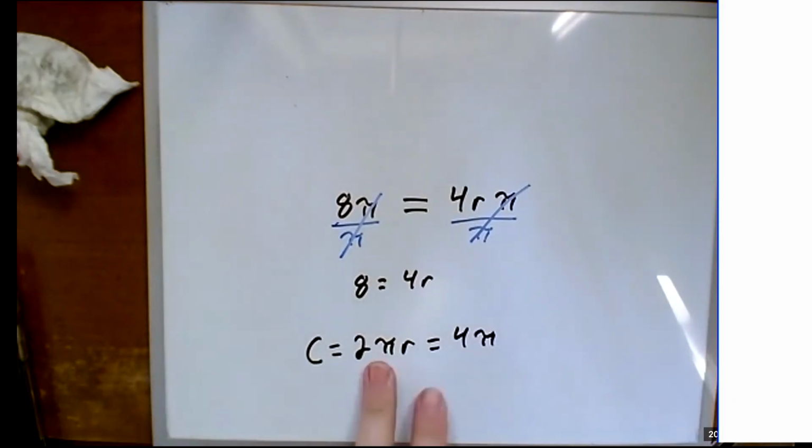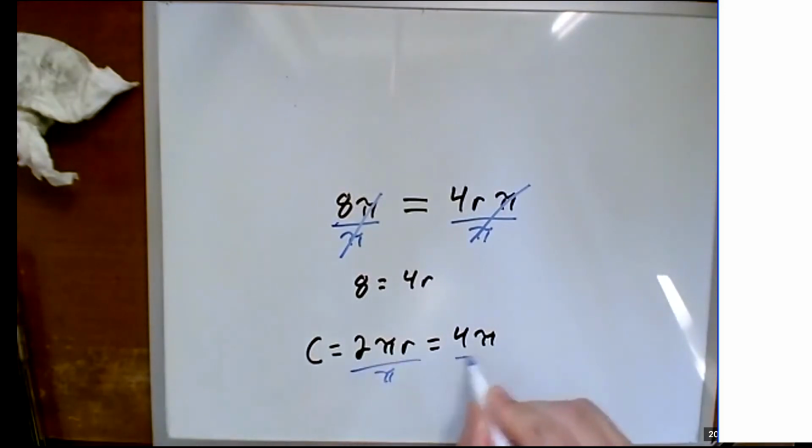It's the same idea. Because I have pi's in both places, I could divide this side by pi as long as I'm also dividing this side by pi, and those would cancel out. And then I would just be left with 2 times r is equal to 4.